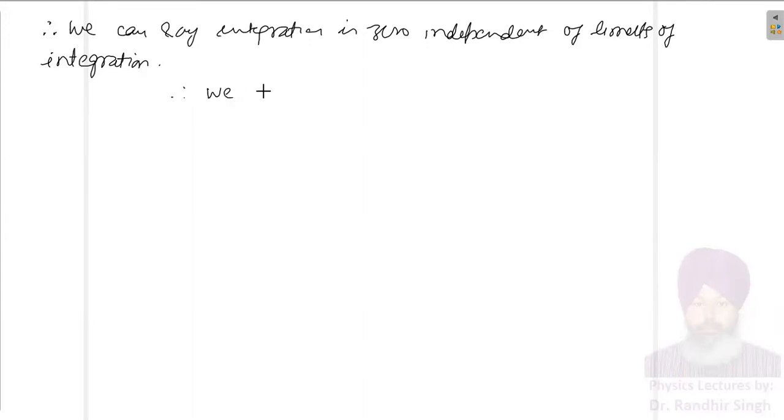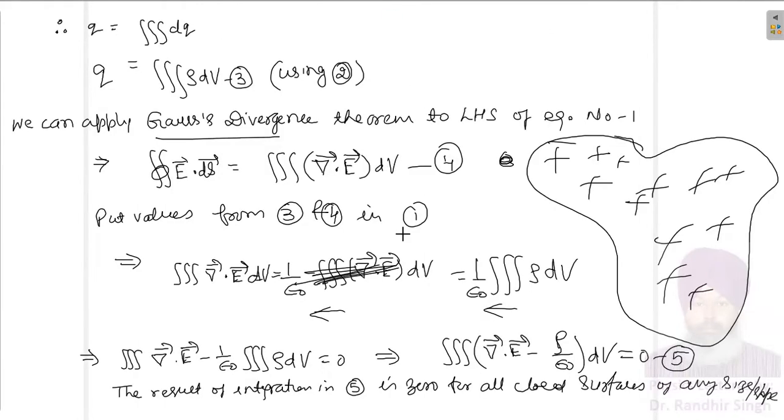Therefore we need the integrand to be 0, only then this condition can be satisfied. So what was the integrand? This quantity which is being integrated is called the integrand. The quantity in the round brackets is the integrand.